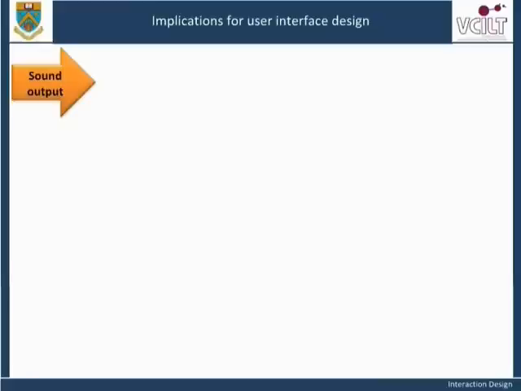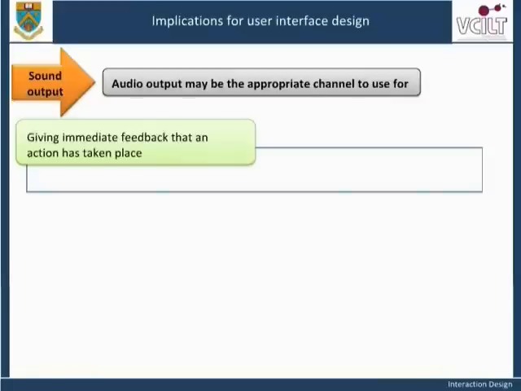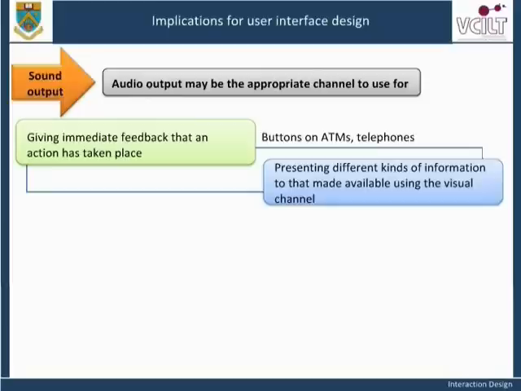Sound output. Audio output may be the appropriate channel to use for giving immediate feedback that an action has taken place, for example, buttons on ATMs, telephones, etc. that beep or click as they are pressed. Presenting different kinds of information to that made available using the visual channel, for example, non-static information such as alerts.